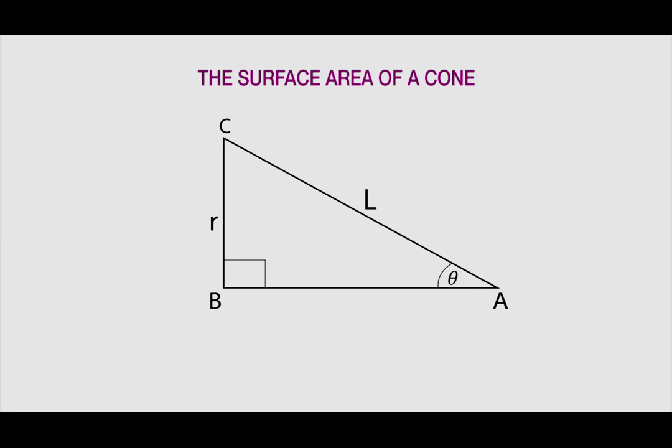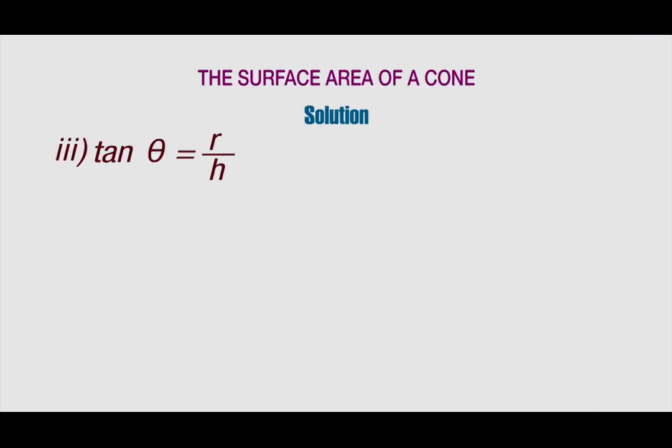Let's consider the triangle ABC again. You see our dimensions. We are to find theta, which is the semi-vertical angle. From trigonometry, we can use tan theta equals r over h, because we know our small r and we know our h.